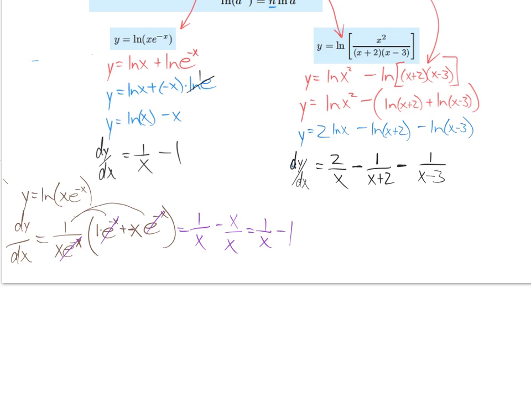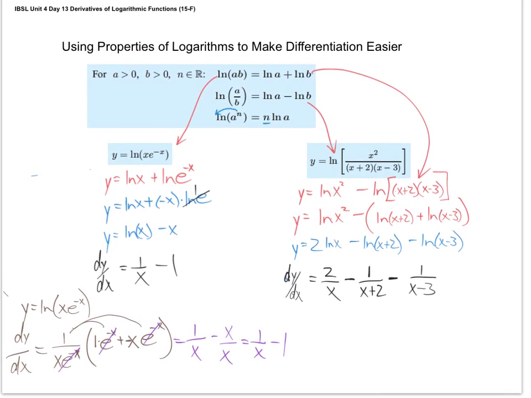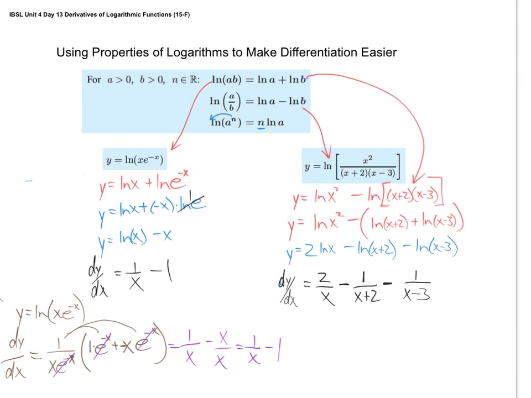So, these rules, you know, it may have seemed a little silly last year when we were in pre-cal honors and back when you were in algebra 2 honors and you were expanding and condensing these logarithmic expressions. This is why. This is one reason why. It makes these a whole lot easier. Okay?